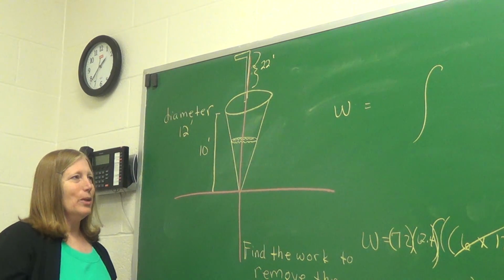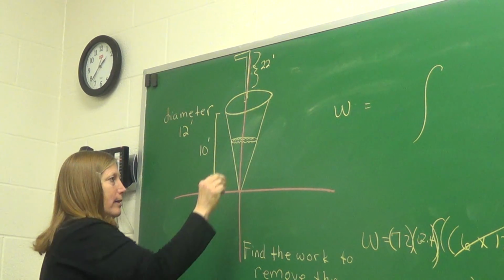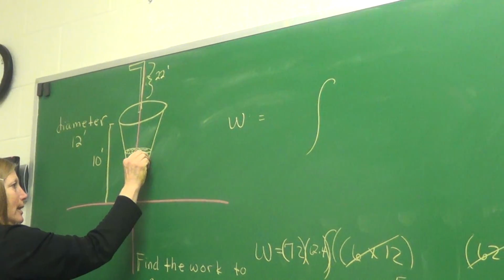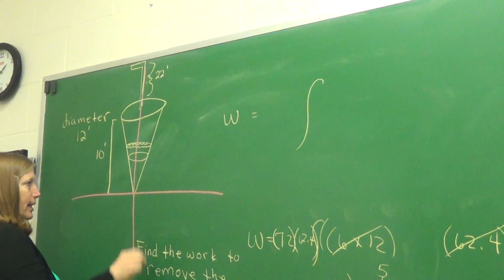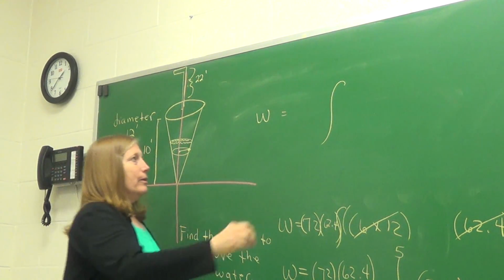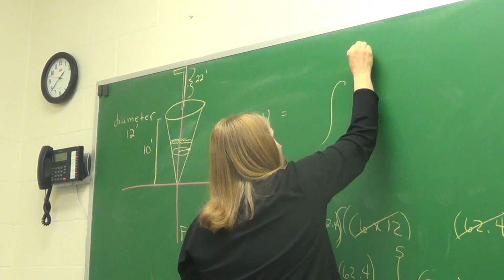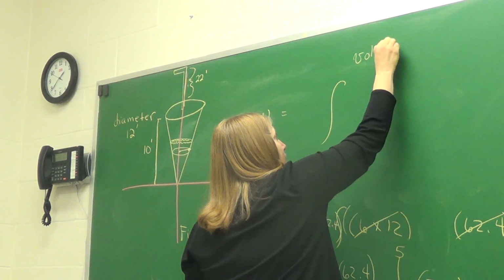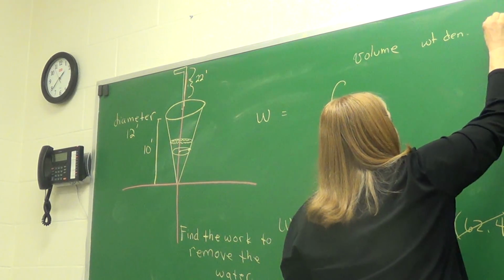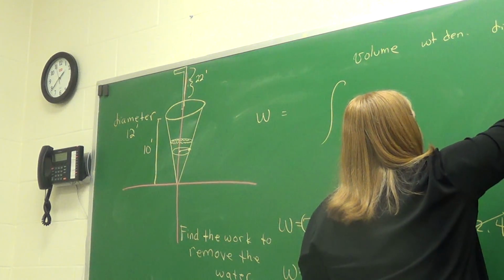As you see, I'm going to take one particular sheet. This time, however, notice the shape of the sheet is not a rectangle. But if you recall, we needed the volume of that sheet, the weight density, and the distance in our integral, and then we're ready to do it.